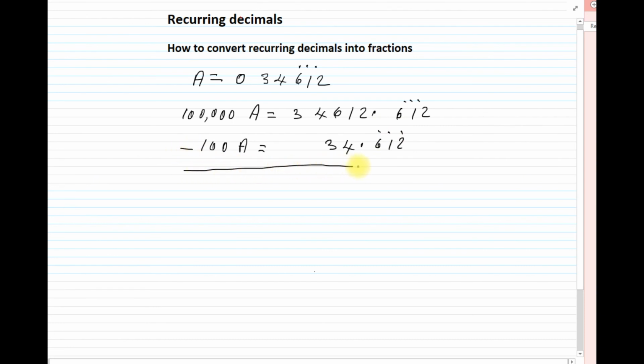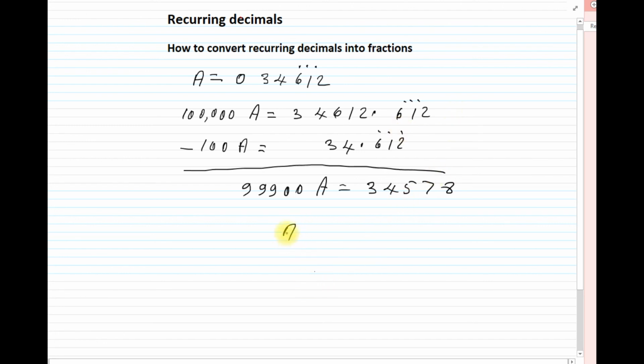Now, if I subtract one from the other, I'll get here 99900A, and this will be equal to 34578. So I'm basically taking 34.612 dot away from the top one, and that should give me 34,578, and the decimal points cancel.